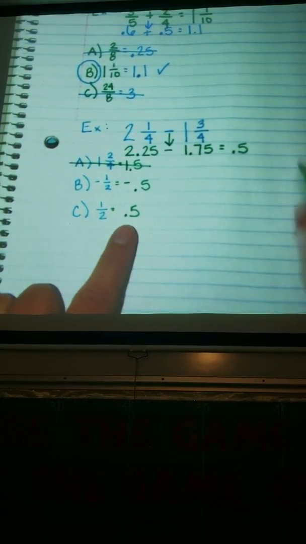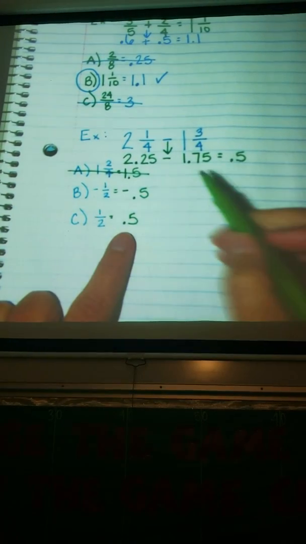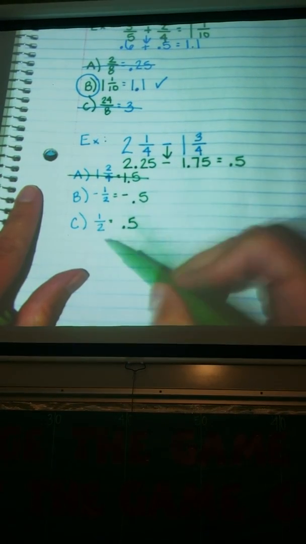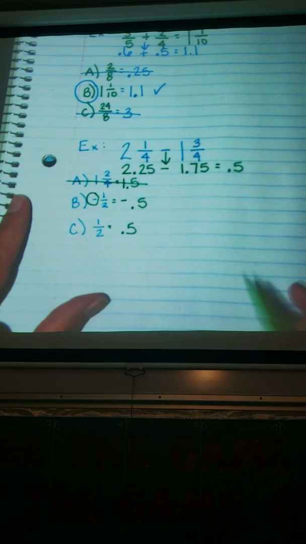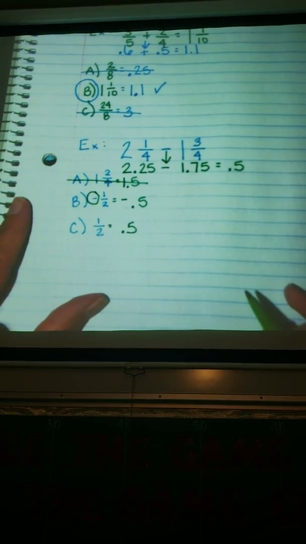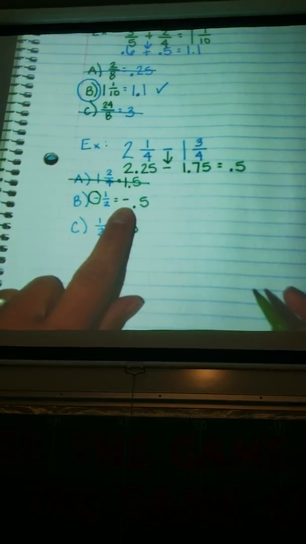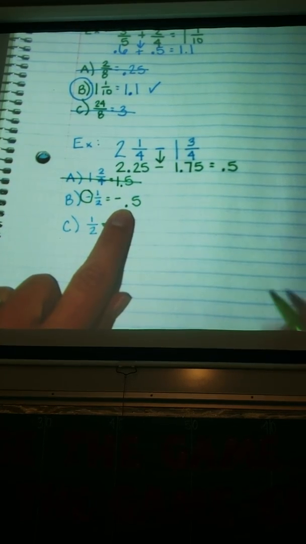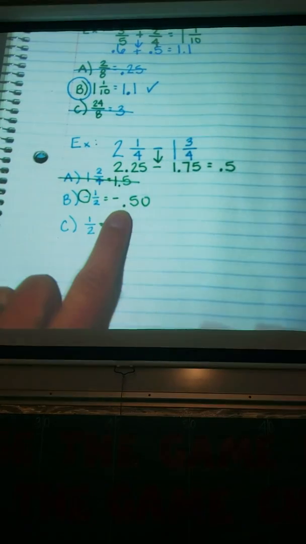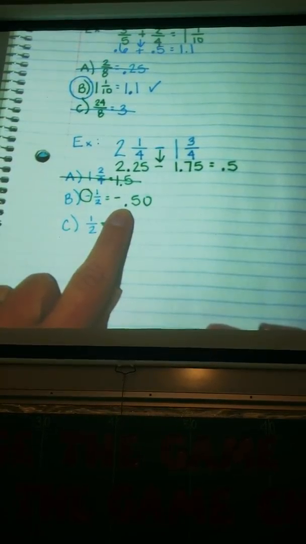There's got to be something that's different. So I'm going to look really closely. And what's the difference between these two? Right here. Remember we had that negative sign? Negative 0.5 is not the same as 0.5. Negative is like owing somebody. So if I added a 0 here, that'd be like you owe me 50 cents. Okay?